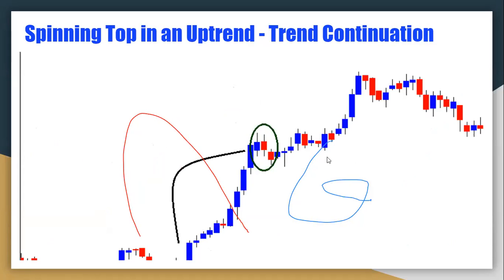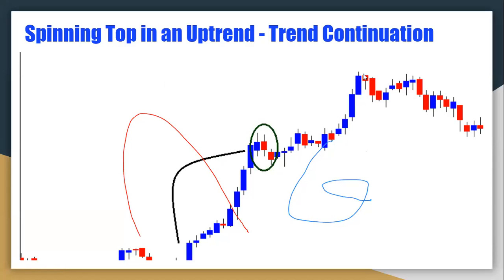And suddenly, after consolidation and these uncertainties, the market actually rallied. Here again, in an uptrend, we are seeing trend continuation in the case of a spinning top.